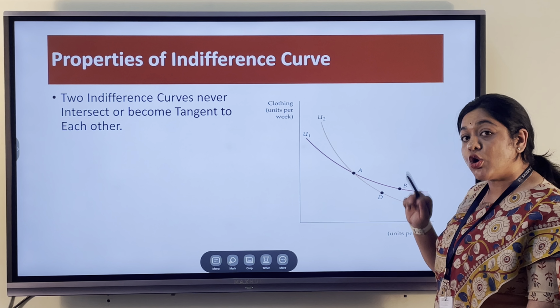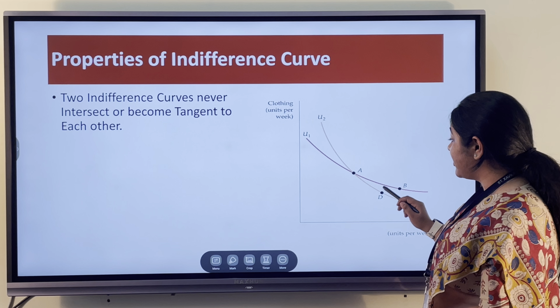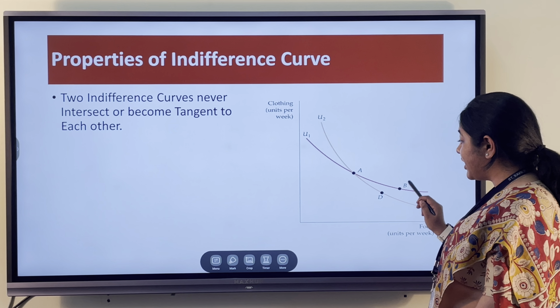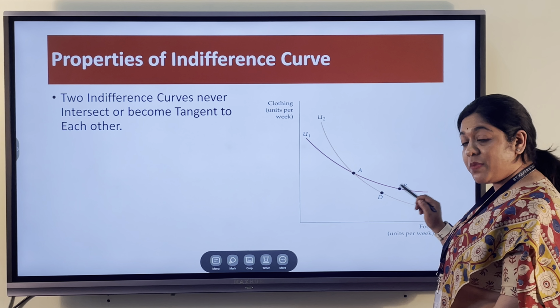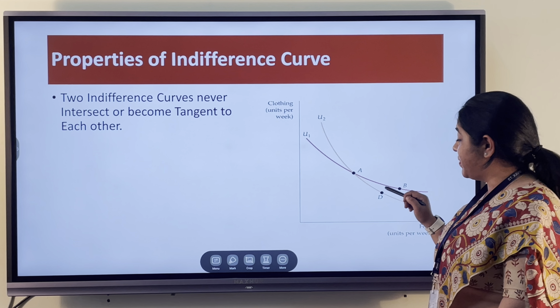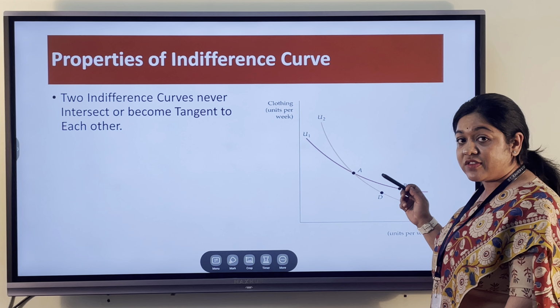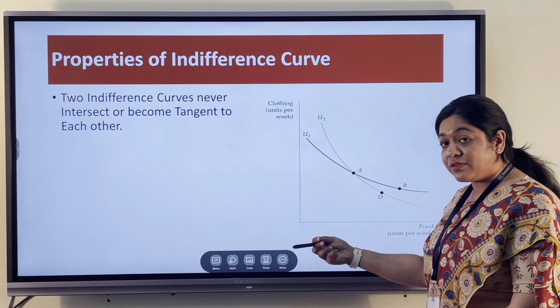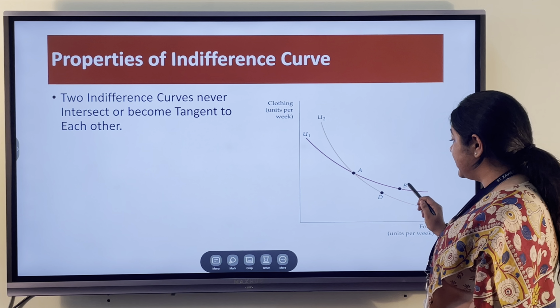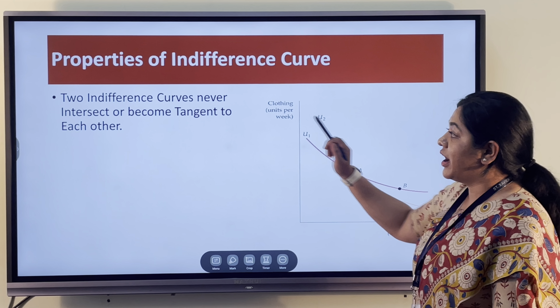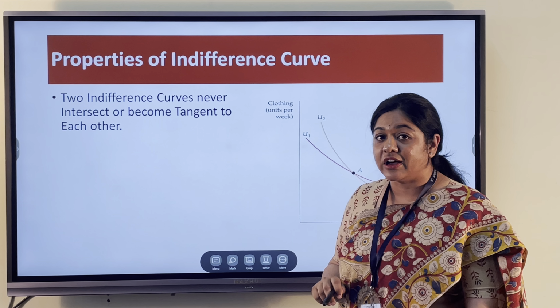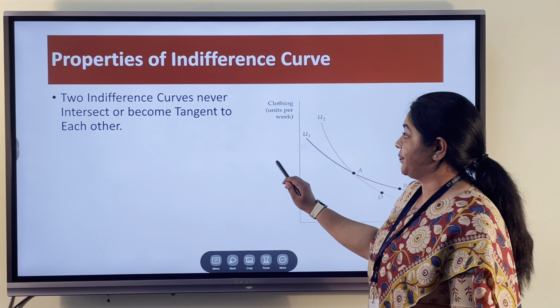That means we have a conflicting situation, because according to this the level of satisfaction should be the same on D and B. But B is on the higher indifference curve. Therefore, according to the last property that we discussed, the level of satisfaction at B should be higher. Therefore, we can say that two indifference curves never intersect each other.